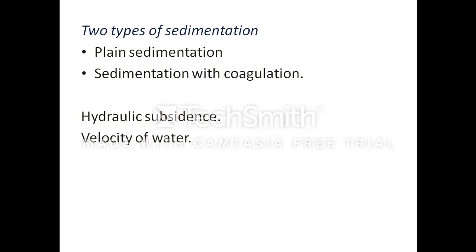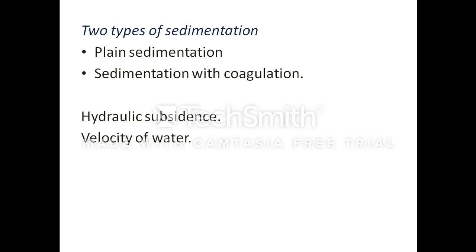Now, what is done in sedimentation with coagulation? The chemicals are added to water and the suspended particles make the flock by which it is removed, that is settled down in the sedimentation tank. And this settling down of particles at the bottom of the tank is called hydraulic subsidence. Now, this settling down of particles is related to the velocity of water.